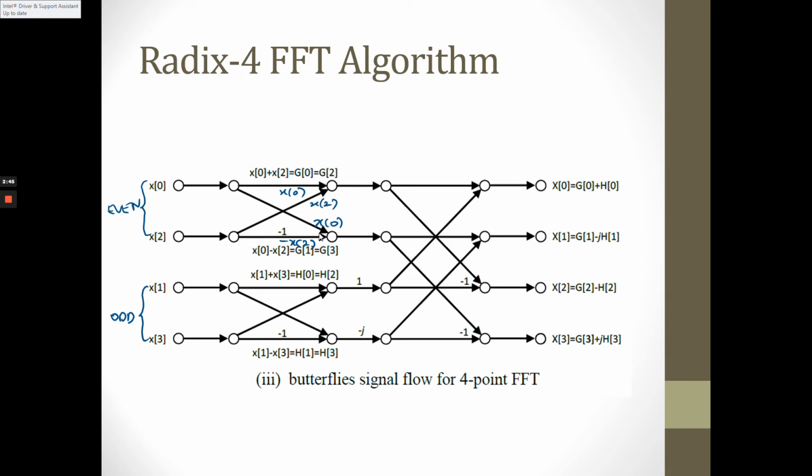The next one is x0 with this gain negative 1, so this is minus x2, so x0 minus x2, which is equal to g1 and g3.